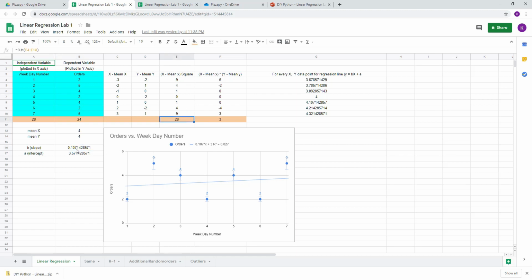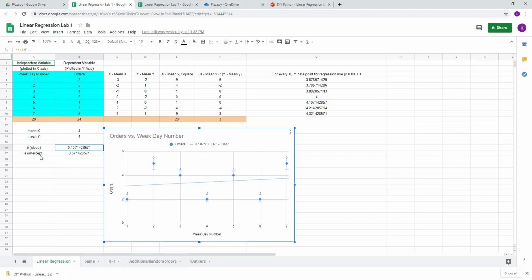So we have a factor here, 0.107, and that is the slope. Basically, we are trying to draw a line. If you look at all these points here, we are trying to draw a line passing through all these variables so that it will be best fitted, and it will also be best represented on this graph, right?